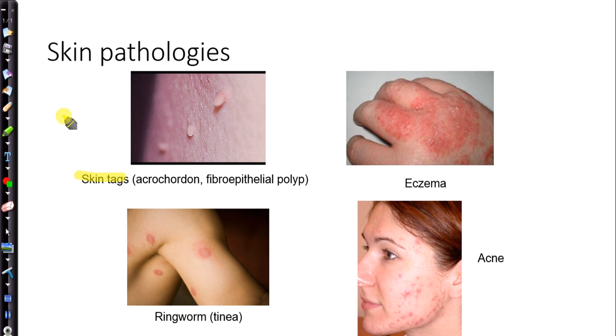For example, someone who's obese and has folds of skin rubbing on one another can sometimes find skin tags developing. Women who have larger breasts, for example, may find that they will develop acrocordons on the inferior side of the breast where the skin is rubbing on the skin of the abdomen.